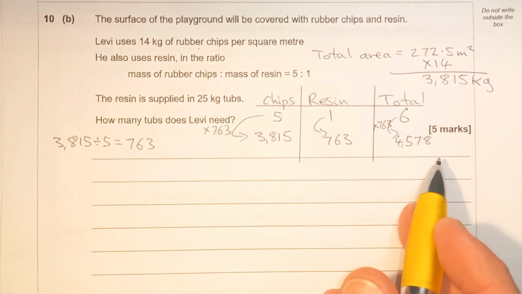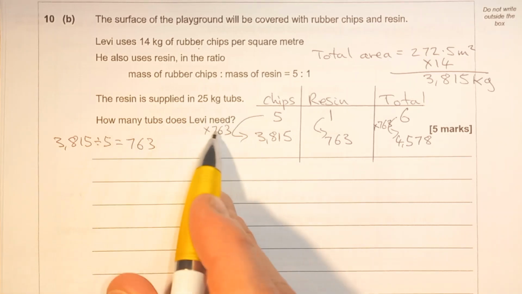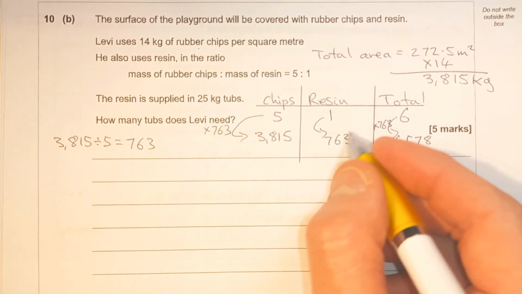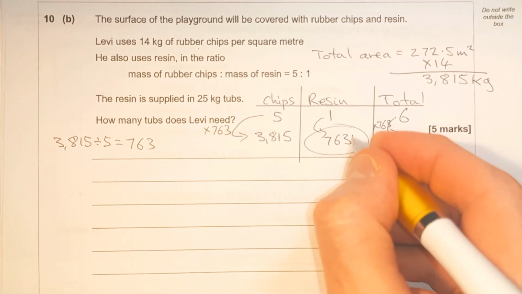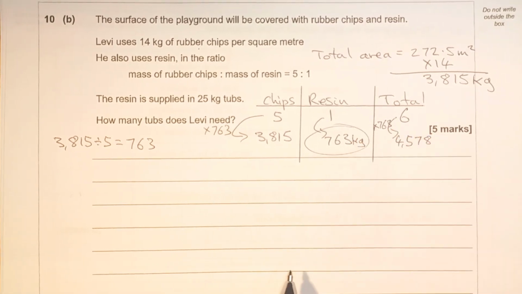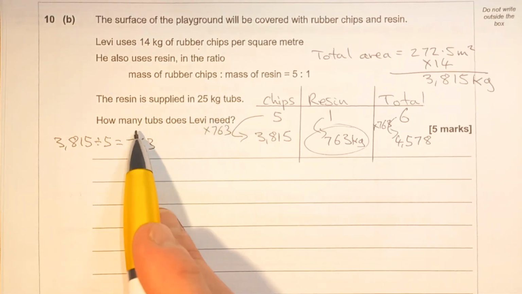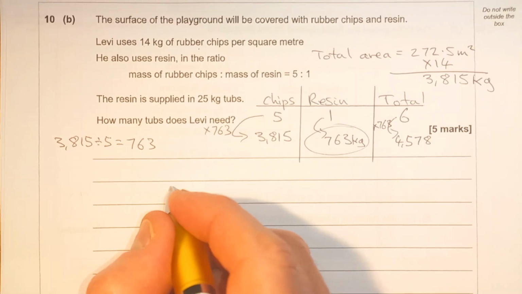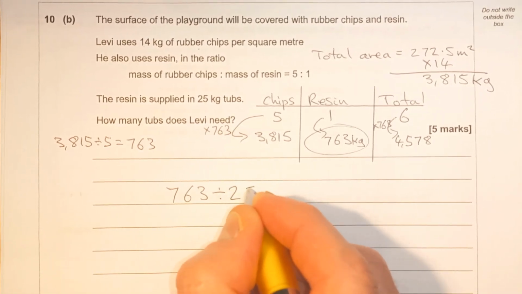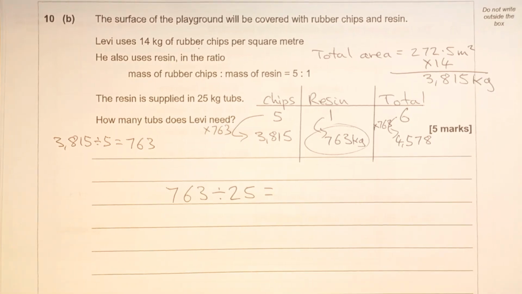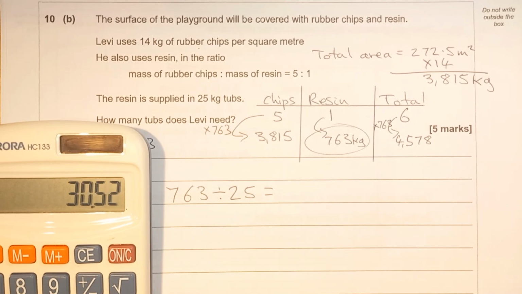Although we're not really interested in that, because they're asking us about resin and how many tubs of resin he needs. Okay, so this is the key information. He needs 763 kilograms of resin. It comes in 25 kilo tubs. How many tubs does he need? Well, we need to know 763 divided by 25.